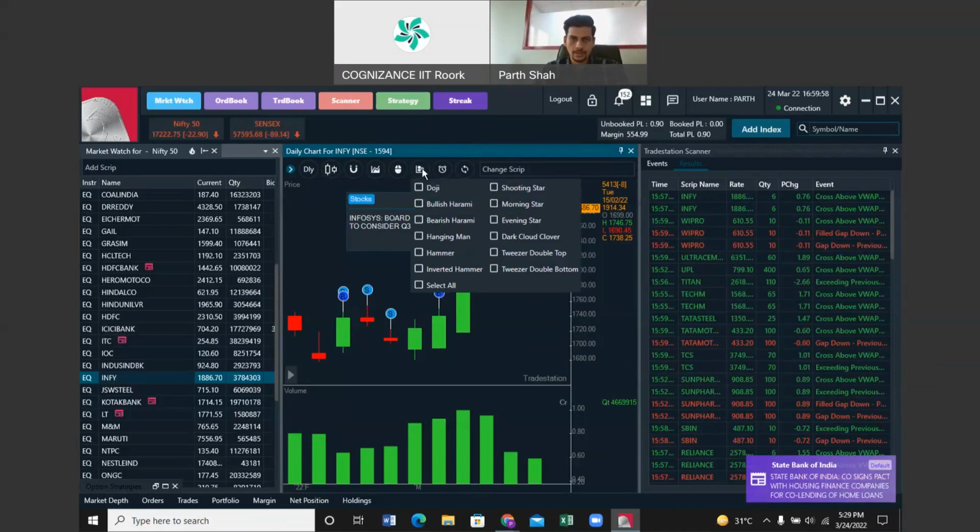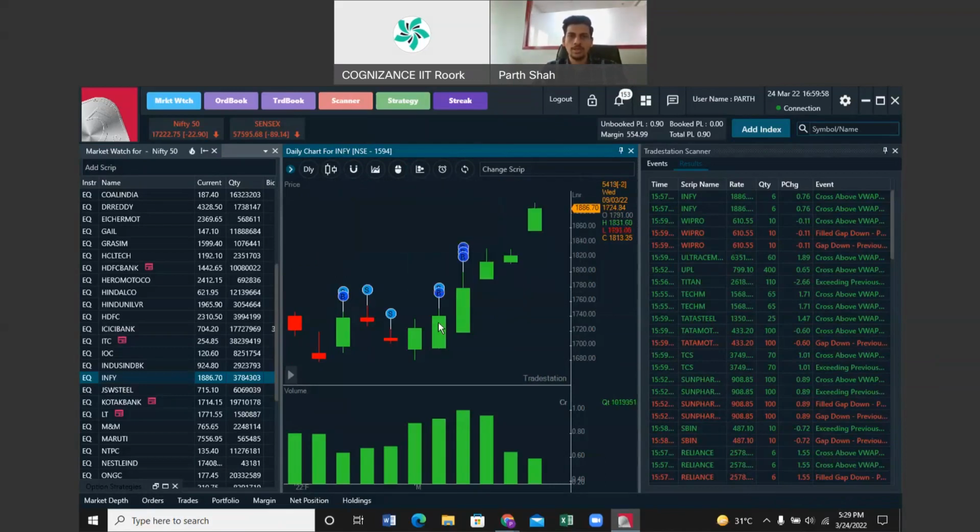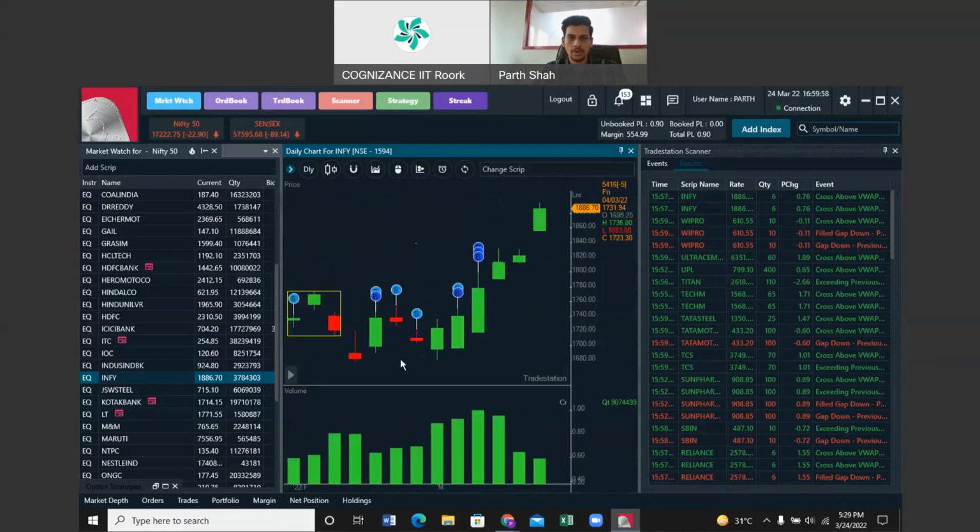Okay, so patterns. Since I said either you can track the patterns directly from the scanners, or if you are looking at a chart and you don't really want to get into evaluation of each and every candle, this will do it for you. So I'm selecting all. I want to see if any particular pattern has formed or not.